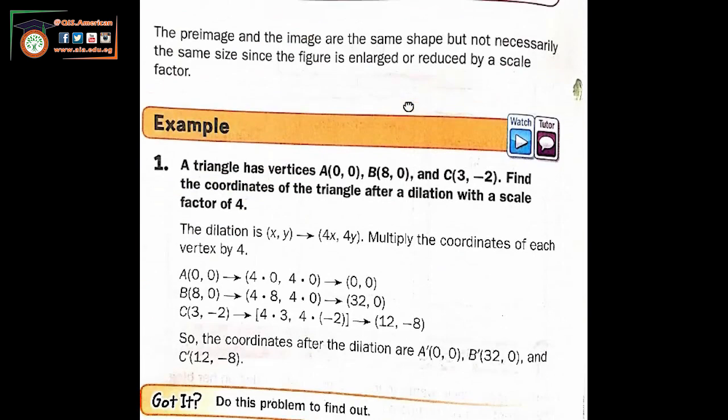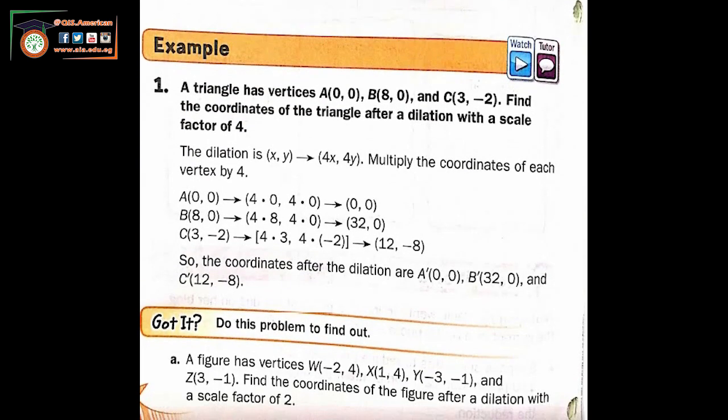Let's have an example. I have a triangle with vertex A at 0 and 0, where the first number represents x and the second represents y. B is 8 and 0, with 8 representing x and 0 representing y, and C is 3 and negative 2. Find the coordinates of the triangle after dilation with a scale factor of 4.